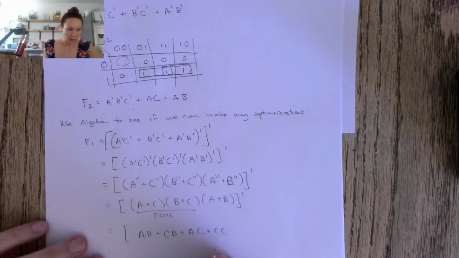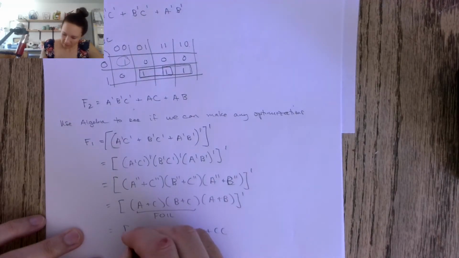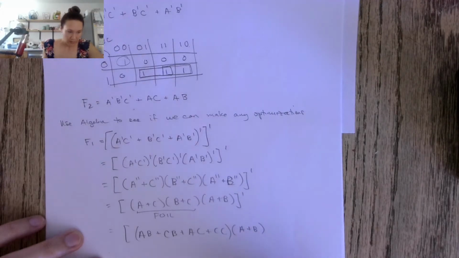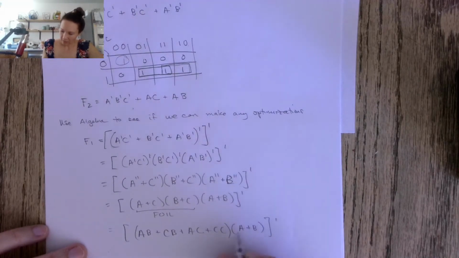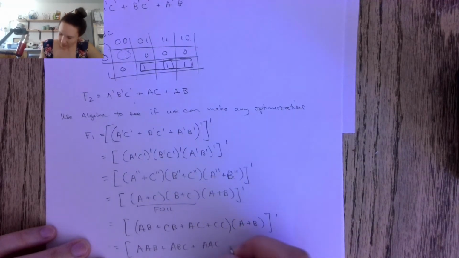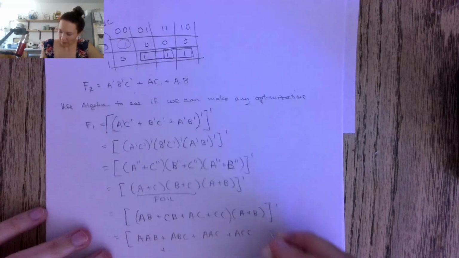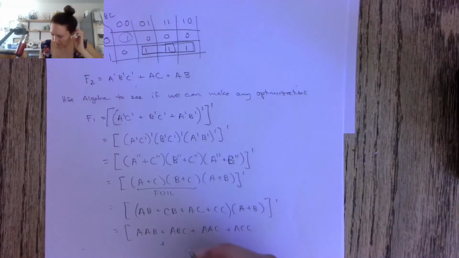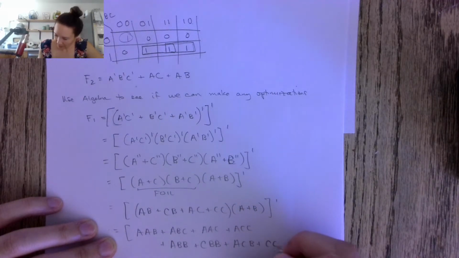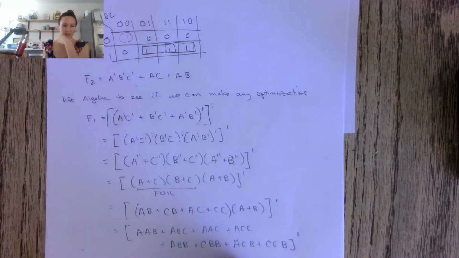Okay, so these are all ORed together, and then this thing here is multiplied by an A or B. So then if I distribute this, this is going to give me AAB or ABC or AAC or ACC, or then I have my B term here, distribute that to all of these. This will be ABB or CBB or ACB or CCB. Okay, and this whole thing is complemented.